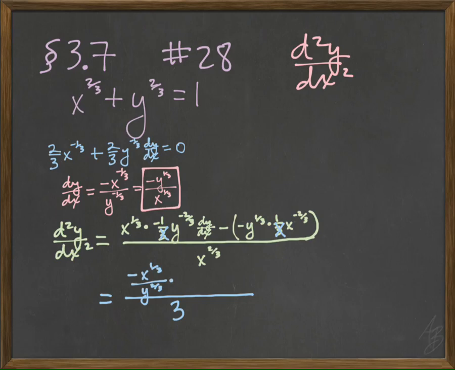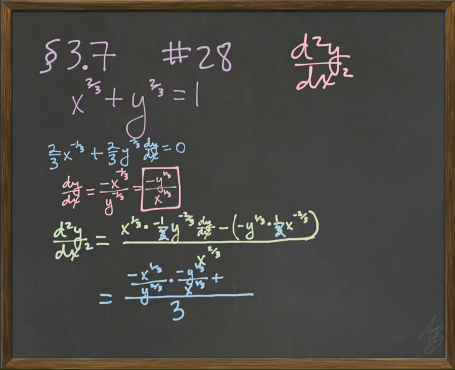And we're going to multiply that by dy dx, which is kind of like what might happen there. Then the negative and the negative are going to cancel each other out, and we're going to have a plus.